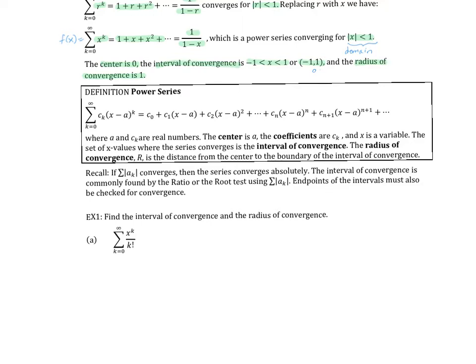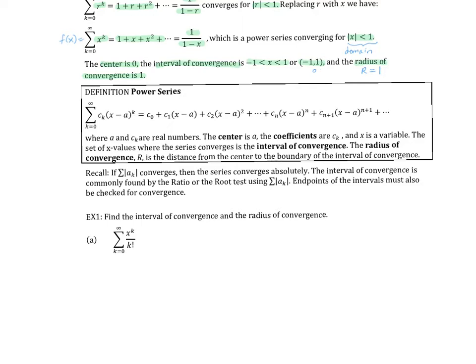But the radius of convergence is the distance from the center to either endpoint. And we use R. This is not the real number r. This capital R stands for radius of convergence. So in this case, our radius of convergence is 1 because the distance from the endpoint to the center is 1.